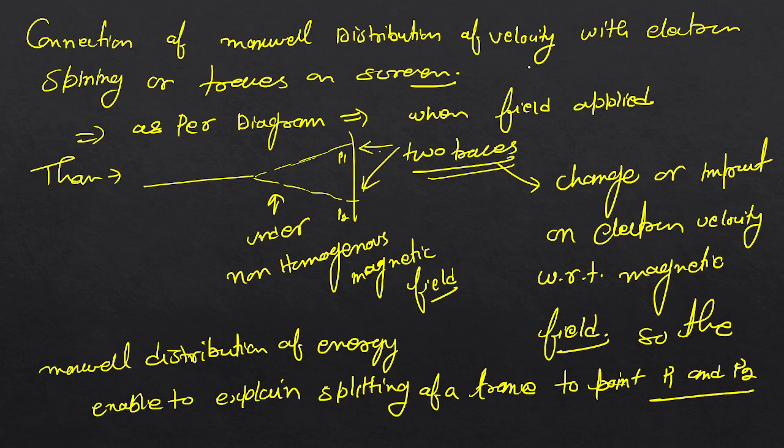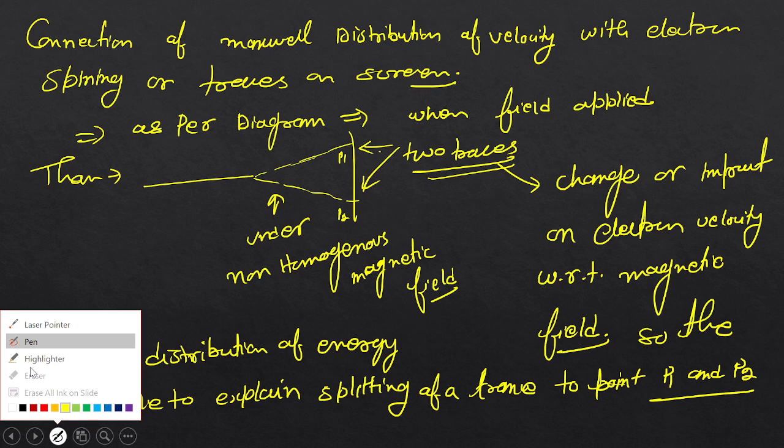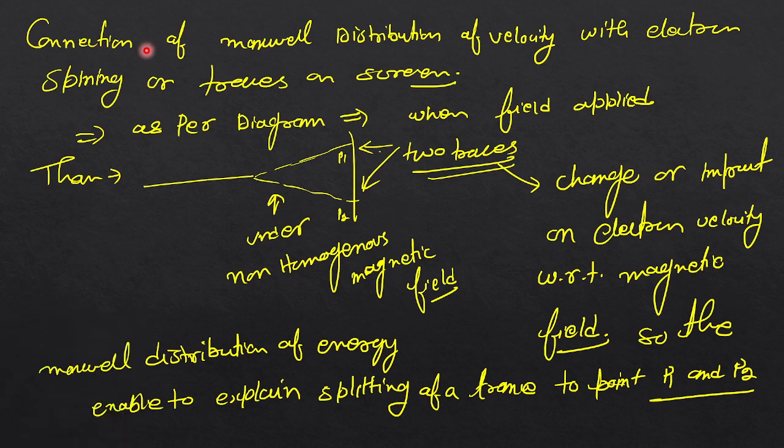So now we have studied this, now derive this equation. You just see how to derive it. Connection of the Maxwell distribution of the velocity with the electron splitting toward the screen. As you can see in the diagram, when the field is applied, one line is splitting into two.